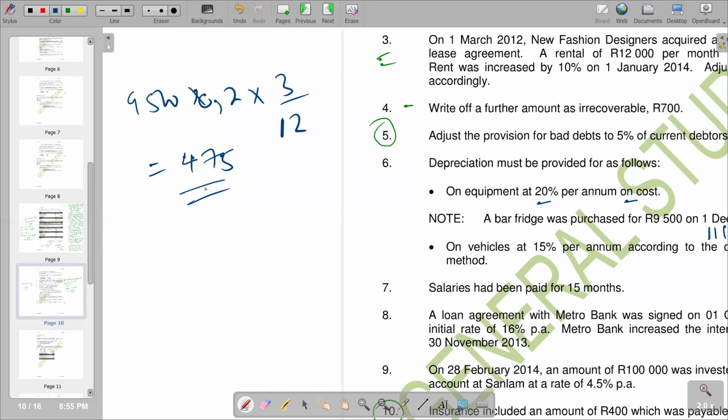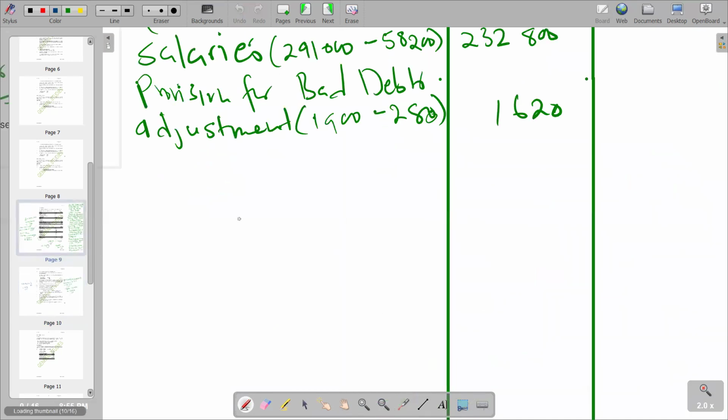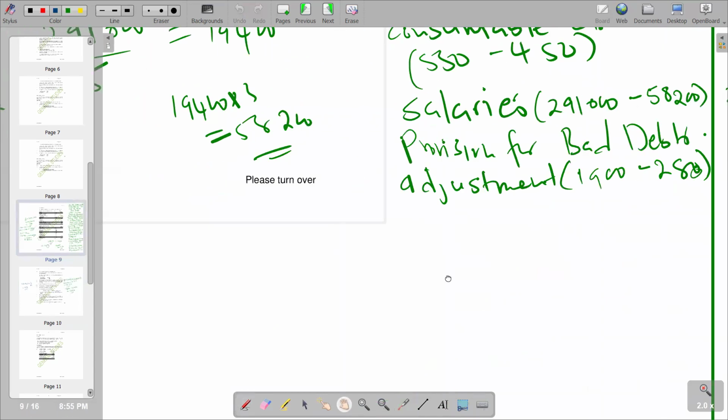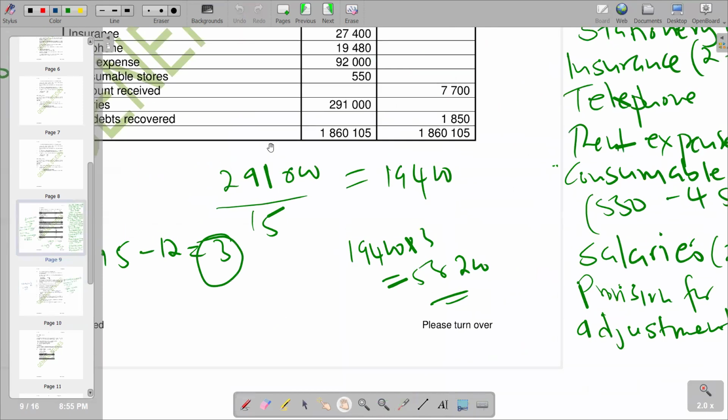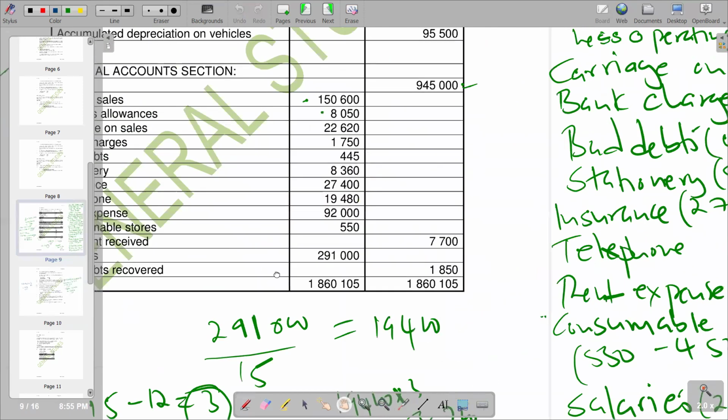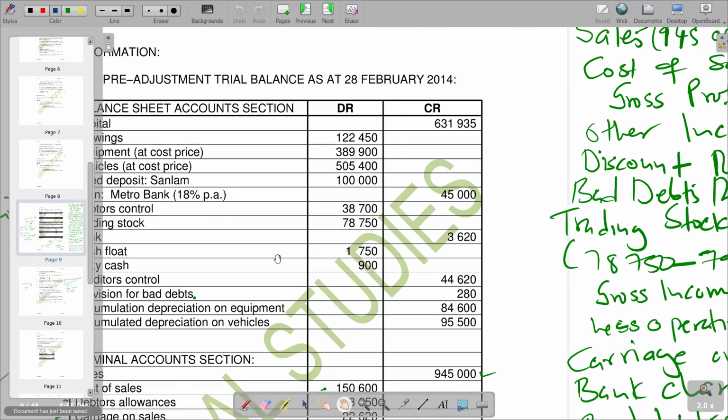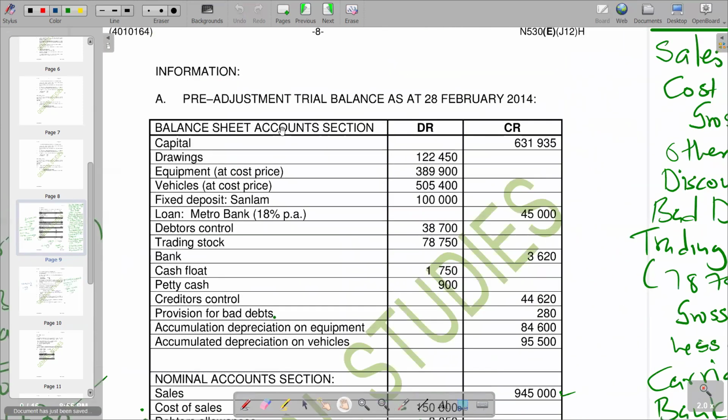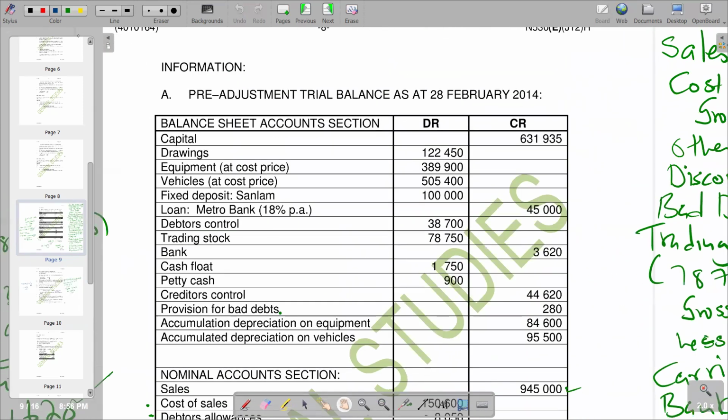Then we also have equipment that was there for the whole year. Remember, 9,500 is the one that was introduced during the year. But if you come to the list of balances in the pre-adjustment trial balance, you see the equipment figure that you are given. What is important for you to identify is that the balances given in the pre-adjustment trial balance are as at 28 February, which means it was at the end of the year.